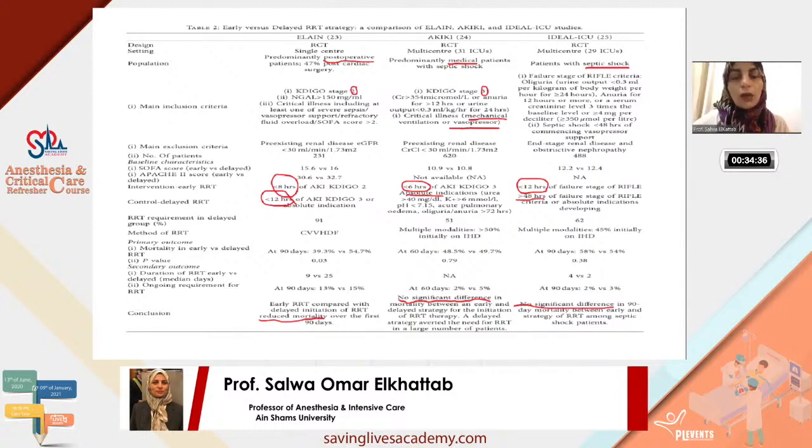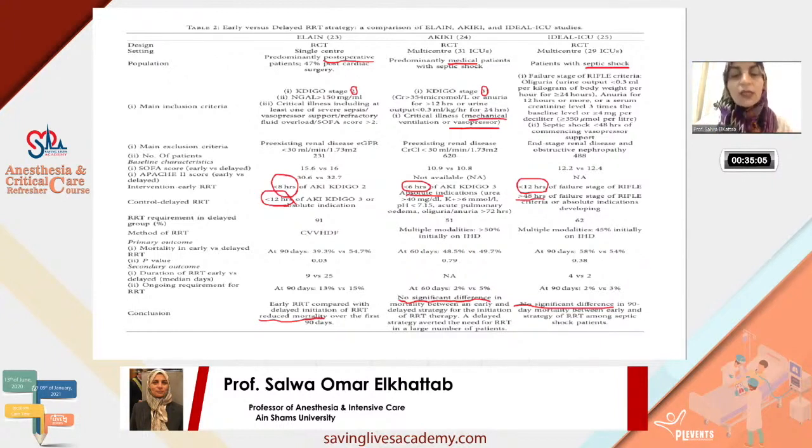They did not use the same identifying criteria. The first study used KDIGO stage 2, while the other used KDIGO stage 3. They studied RRT with different interventions: in the first study, early was within 8 hours of acute kidney injury, and it was considered delayed if they waited until 12 hours.